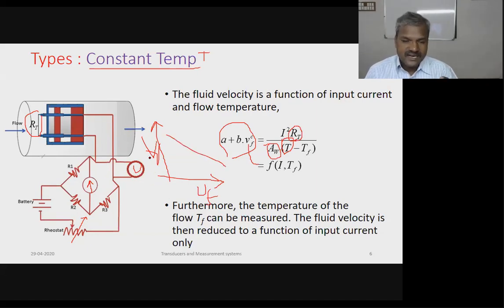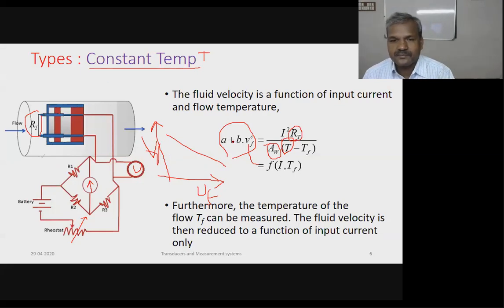To maintain the temperature of the wire, we are increasing or decreasing the current through the rheostat. How much current we are applying or decreasing to maintain the temperature across the wire, that variation in the current is measured in terms of voltage across the probe. That is the measure of fluid velocity. So the voltage is proportional to the fluid velocity. Clear? So there is a relation between these two.